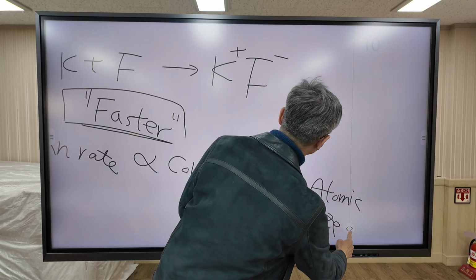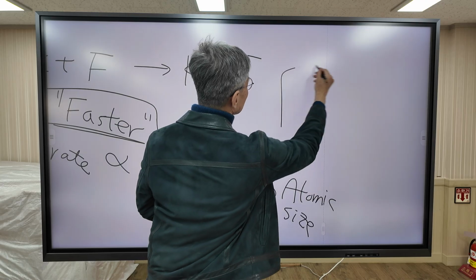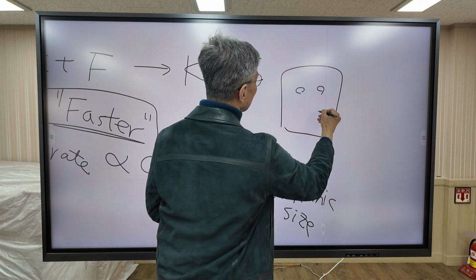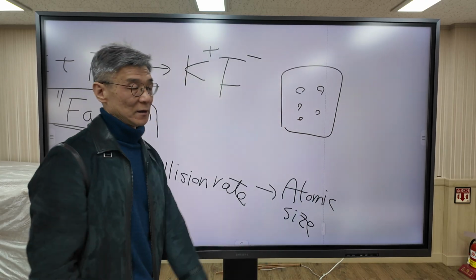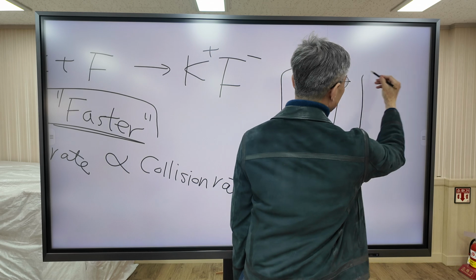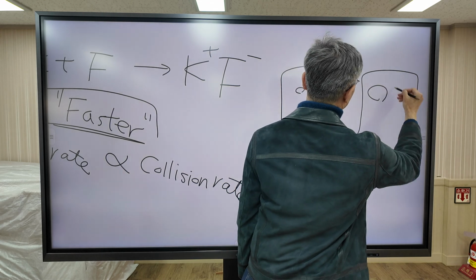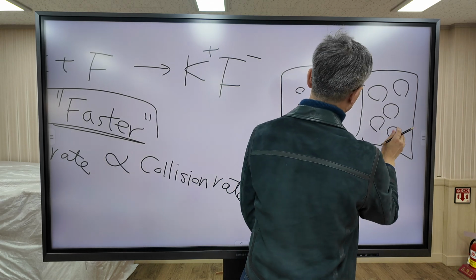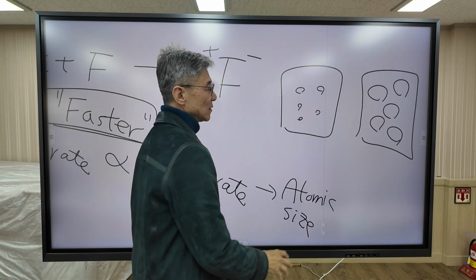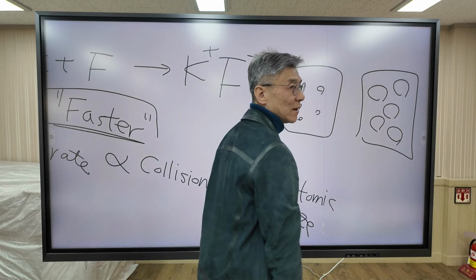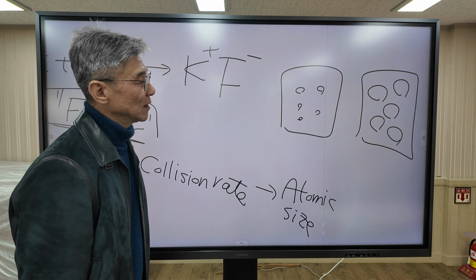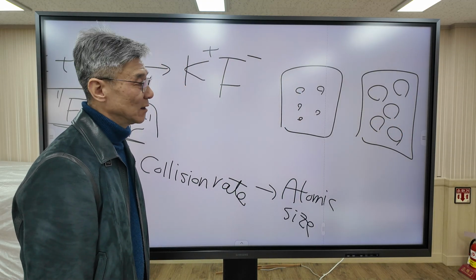Why? Let's say the left box contains small atoms. On the right box, large atoms are contained. Which box has a higher collision rate?